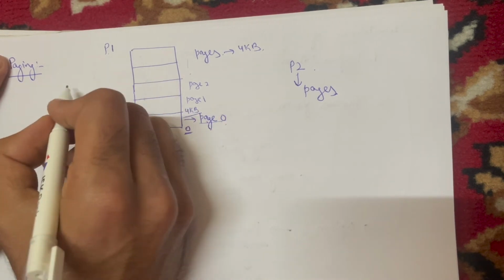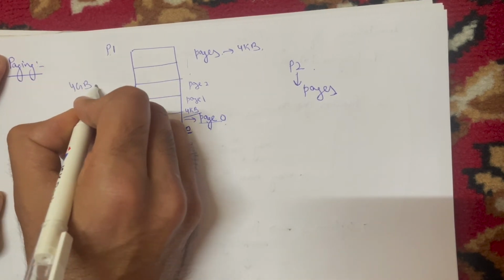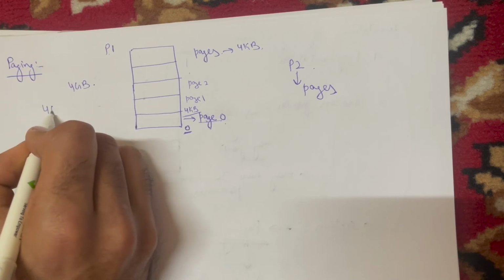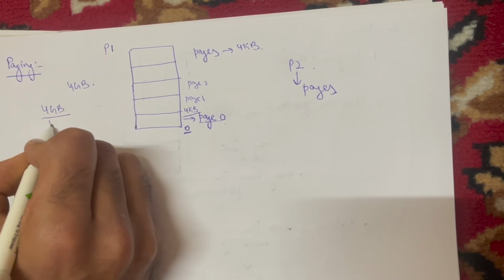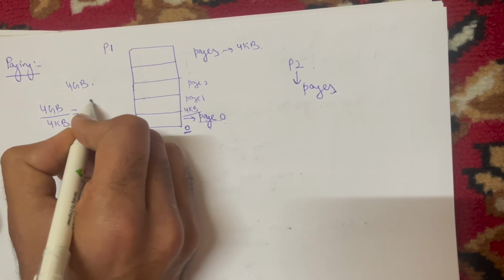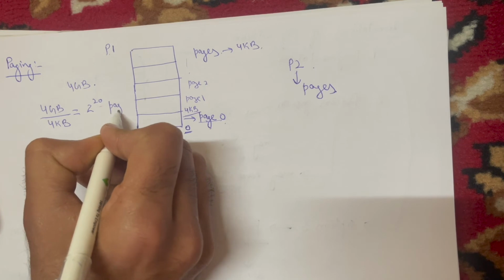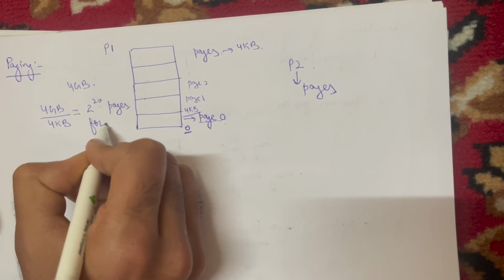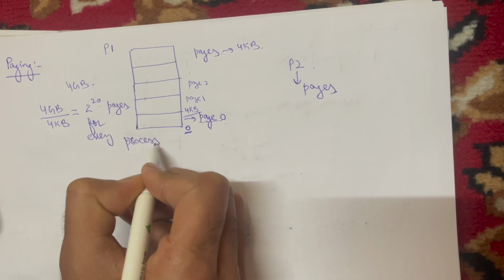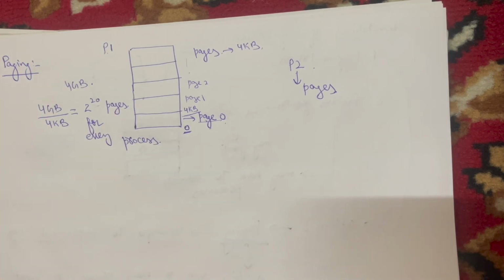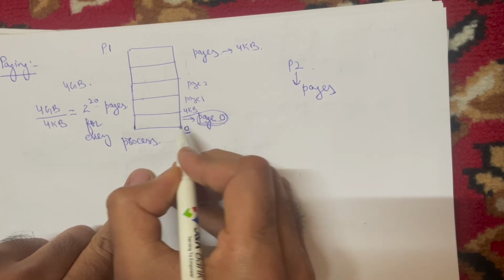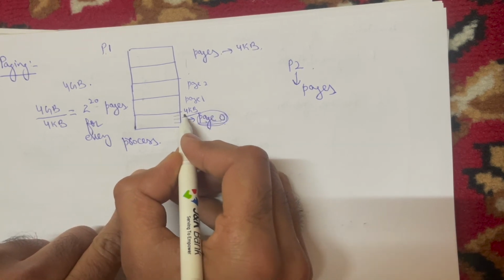So let's suppose I have a 4 GB virtual memory. Then how many pages will there be for every process? It will be 4 GB divided by 4 KB, so it will be 2 raised to the power 20 pages for every process. And in page 0, for example, how many bytes are there? 4 KB bytes.